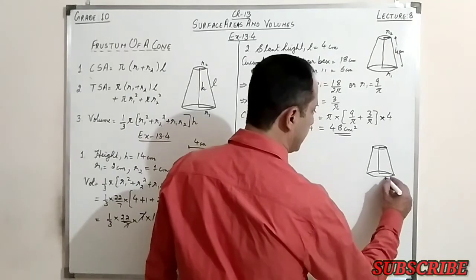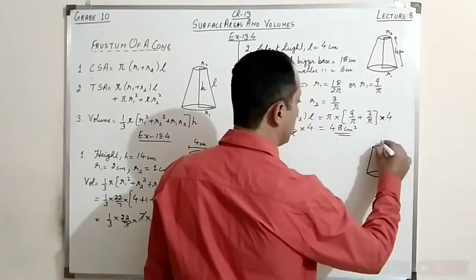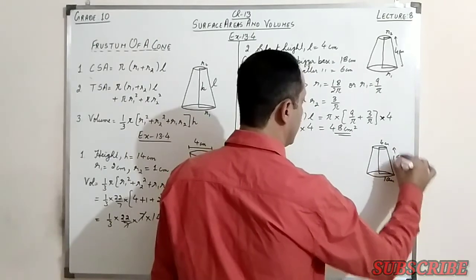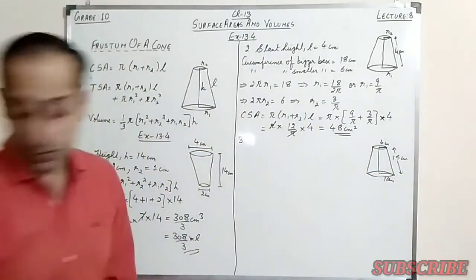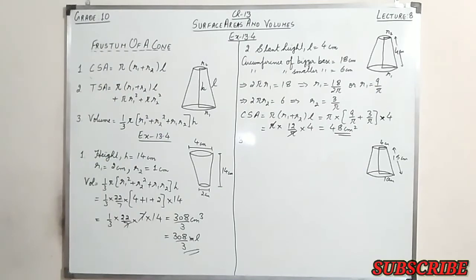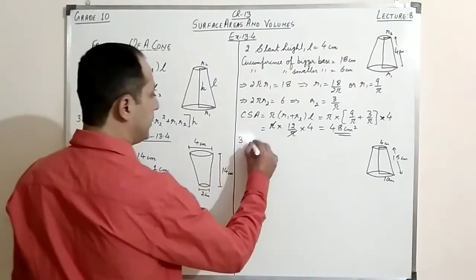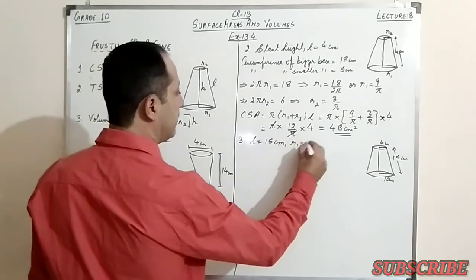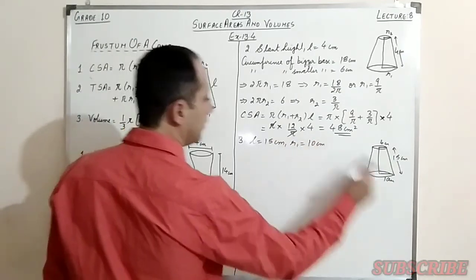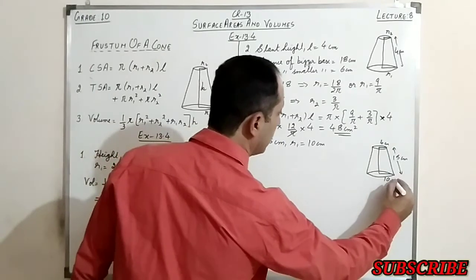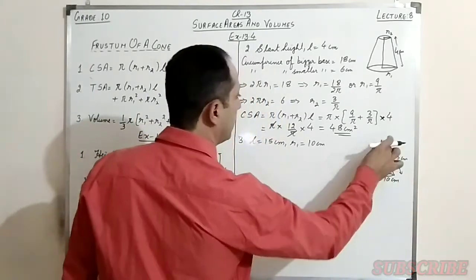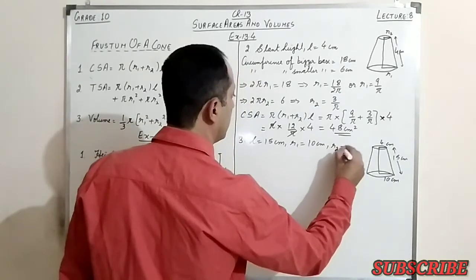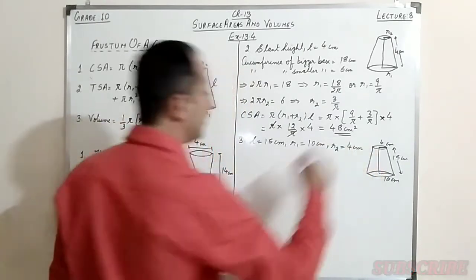So this is 10 centimeter, this is 4 centimeter, and this is 15 centimeter. That is the slant height of this cap. So L is equal to 15, R1 is equal to 10 centimeter, and R2 is 4 centimeter. Right.